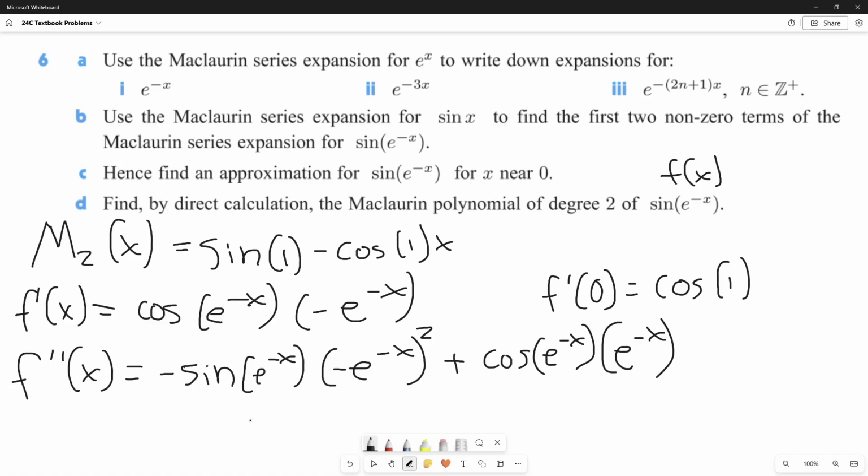And now we find f double prime of 0 equals negative sine of 1 times (negative 1) squared.